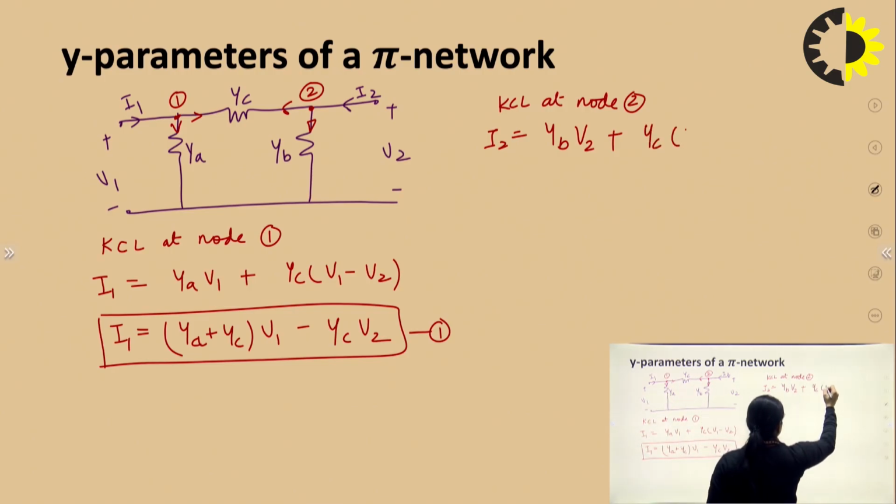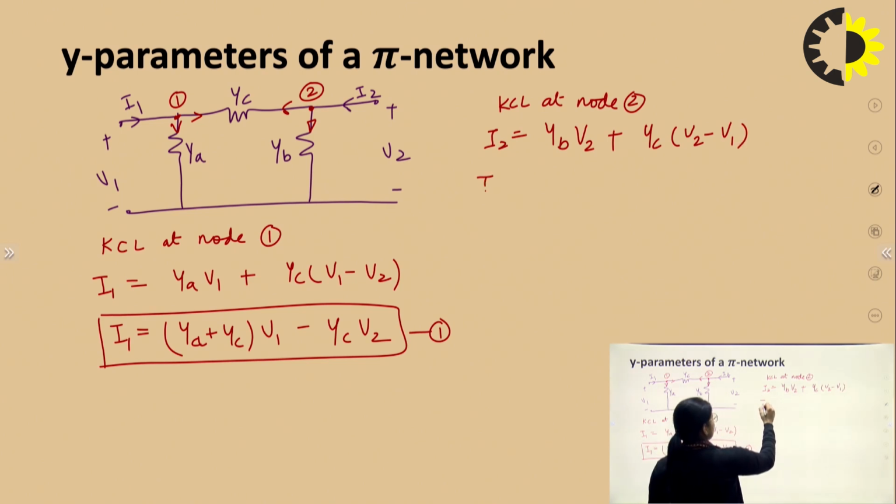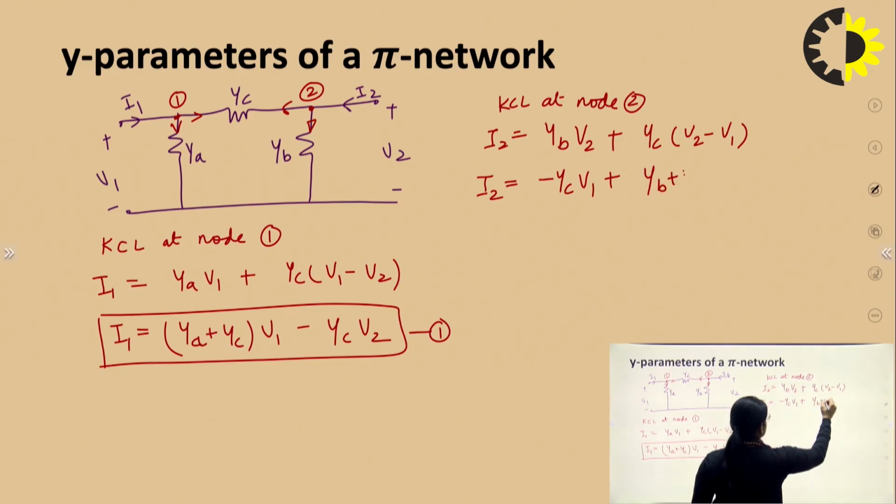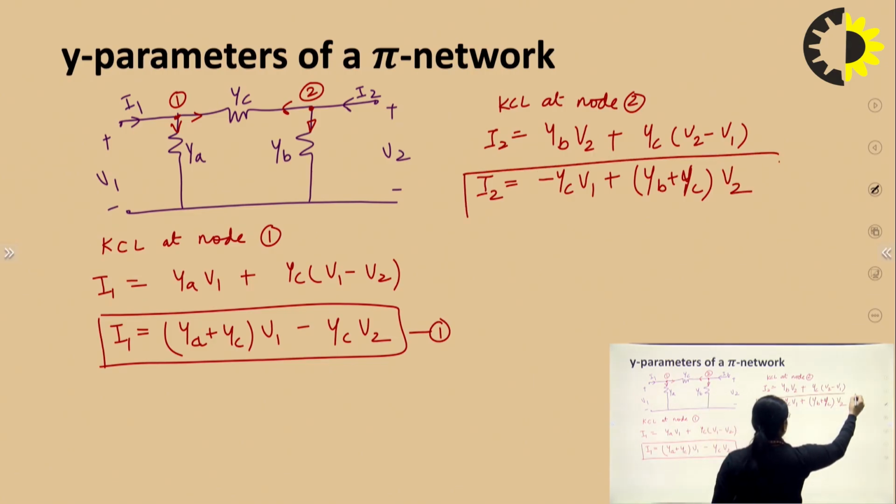So, YC times (V2 minus V1). Rearrange this equation, you will get I2 is equal to minus YC V1 plus (YB plus YC) times V2. This is equation number 2.